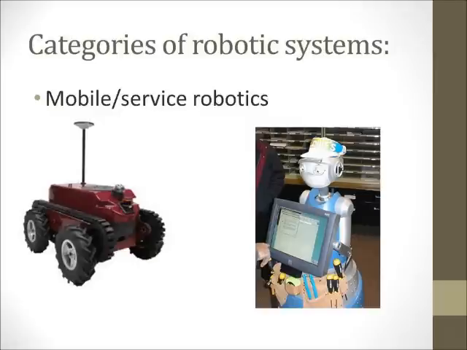Mobile robots are sent to Mars, as an example, to explore the environment of Mars. So they apply in space robotics. There are also mobile robots that are used in hospitals, like nurses. We will talk about mobile robots and mainly about motion planning later in this course.